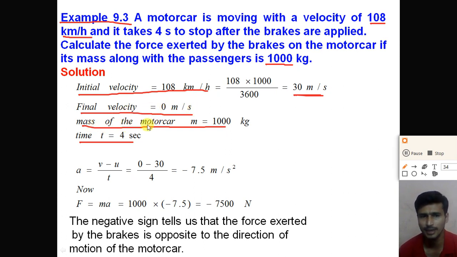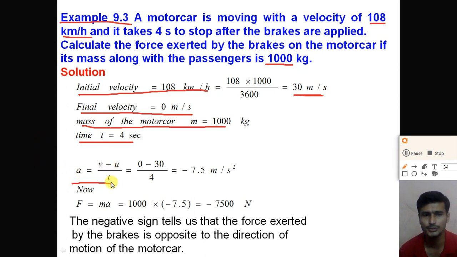The mass of the motor car m is equal to 1000 kg and time t is equal to 4 seconds. Similar to the previous example, here first we calculate the acceleration, then we calculate the force.